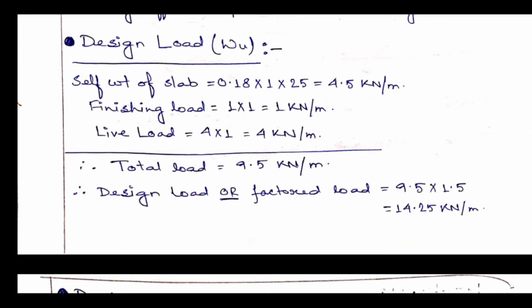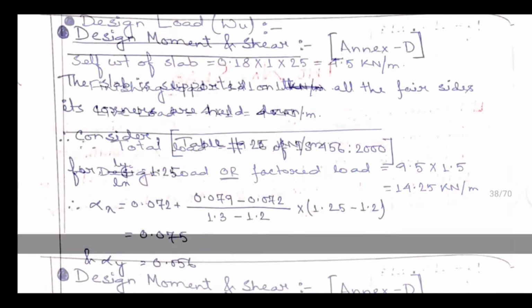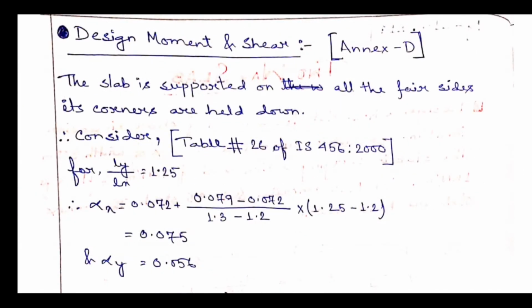So factored load will be 9.5 into 1.5, that is equals to 14.25 kilonewton per meter. This is factored load. So next step is design moment and shear.